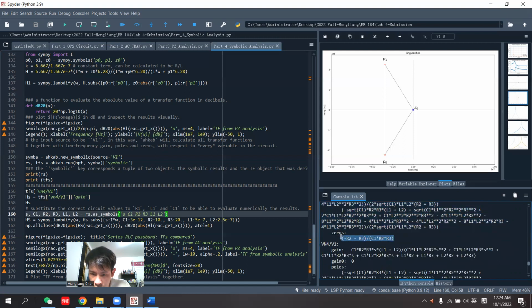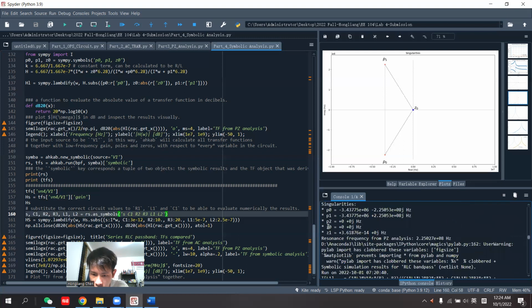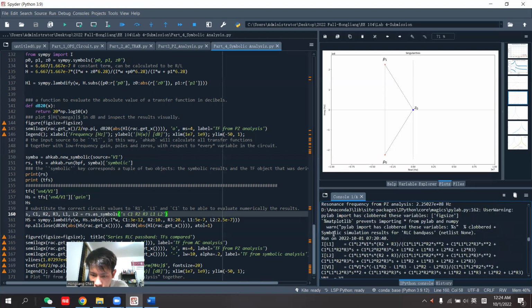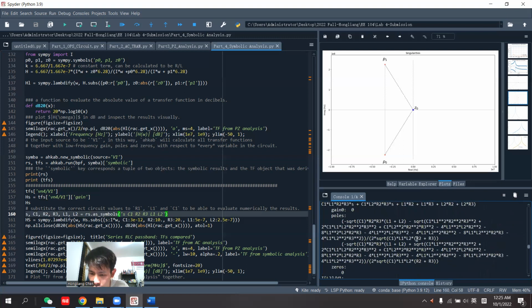In this case, the zero is not equal to 0, so it is equal to negative R2 minus R3 over C1 times R2 times R3, as we could see here. So the C1 is a negative 3 point something times 10 to the negative 14.